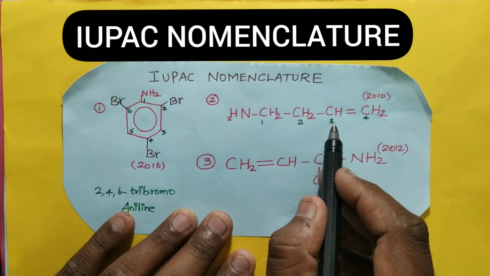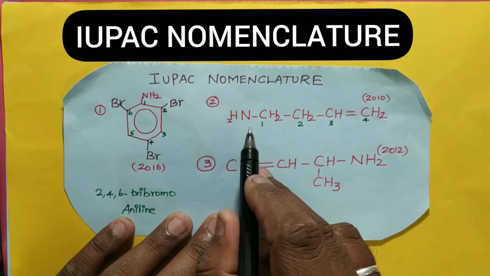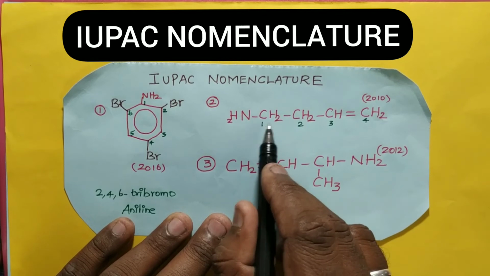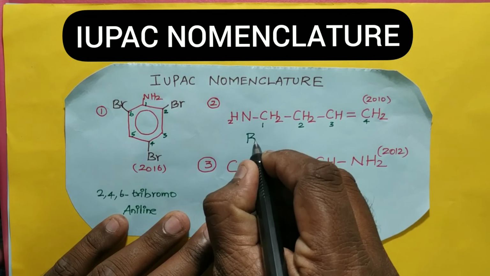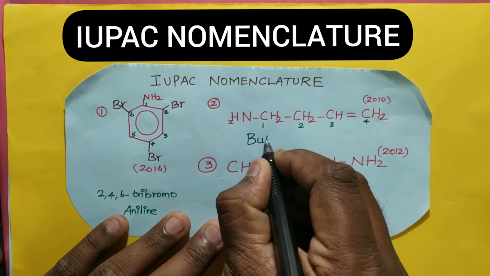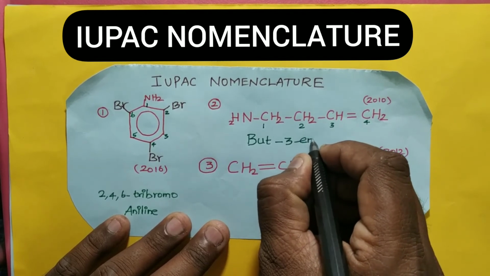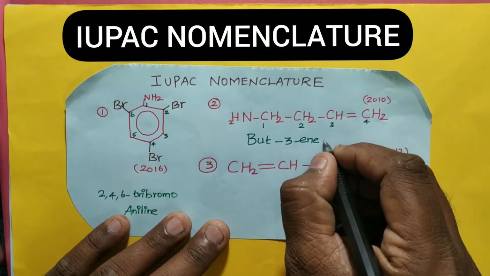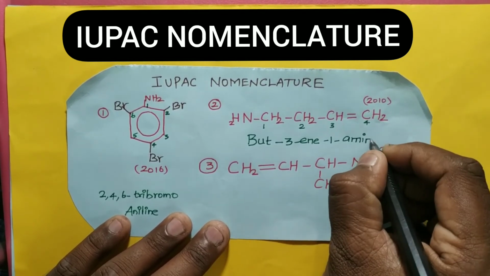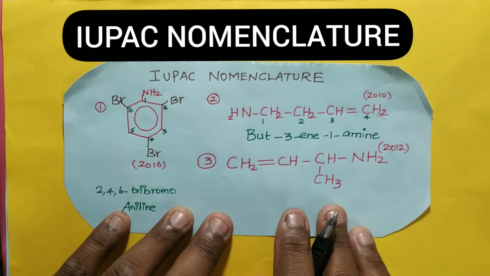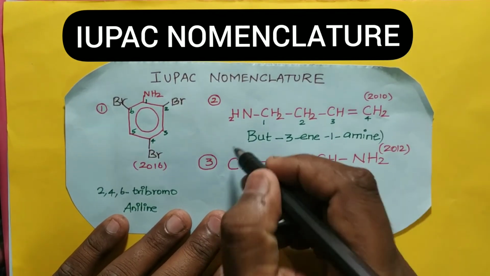In the third position I have one ene, and in the first position I have one amine group. The total number of carbon atoms is 4, that is what I write as but. So but-3-ene-1-amine. In the first position I have amine. That is the IUPAC name of this one.